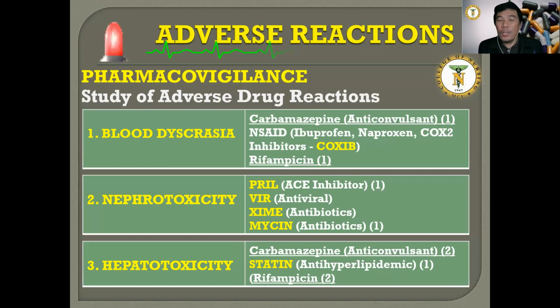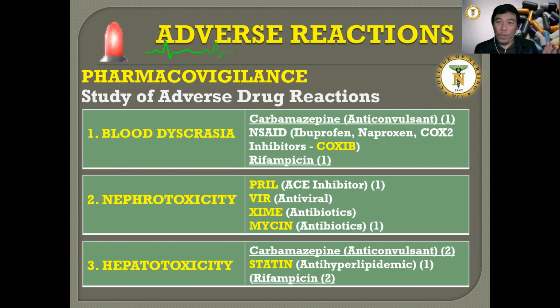If you will notice also in the examples that we are now projecting on the slide, there are drugs that are numbered, meaning drugs that may have multiple adverse drug reactions. Just like on the first drug, under blood dyscrasia, we have carbamazepine.